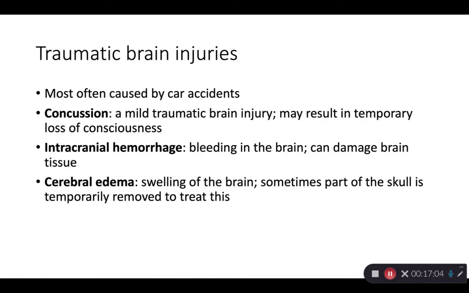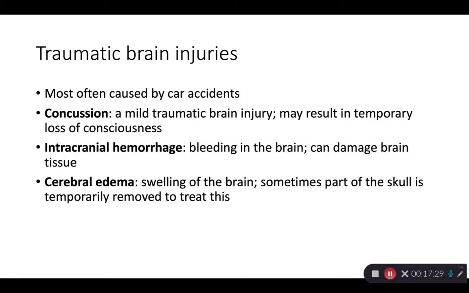Related to this, if you do have a traumatic brain injury that's serious, oftentimes the brain will swell as a result of that. That's called cerebral edema, when you have swelling of the brain as a result of an injury. And again, if you have swelling happening and you have a skull there, that can cause further damage to the brain because the brain pushes on the skull and it actually gets damaged by that physical pressure of the skull.